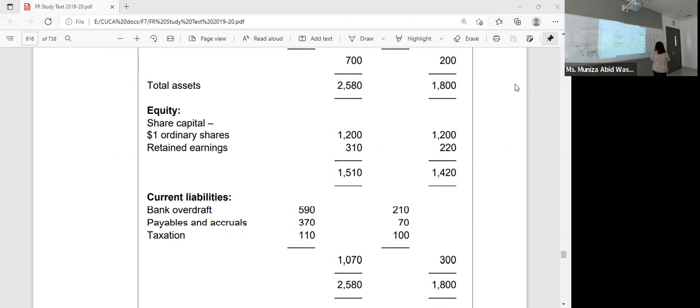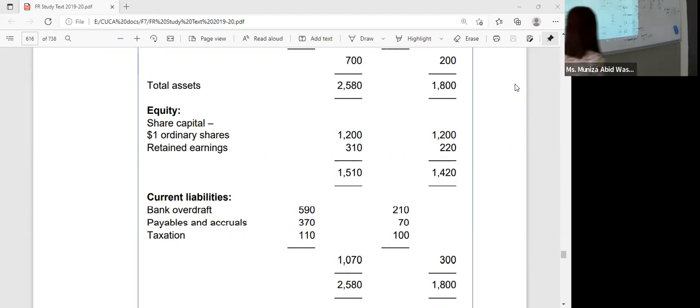Okay, then our comments are obviously okay. So 340 divided by 1000, 34%. So it has been deteriorating. Now for capital employed, you can either take 1510 or you can take 2580.